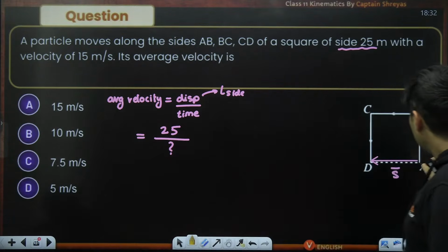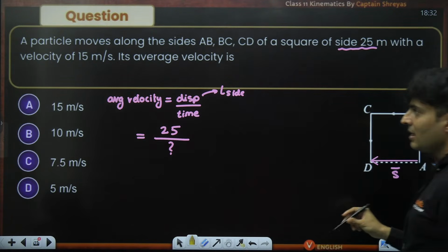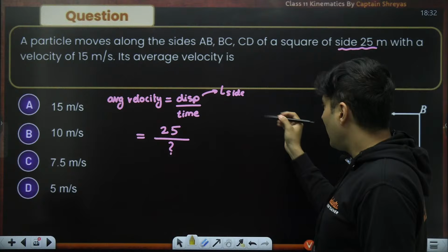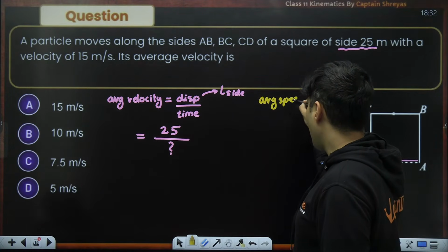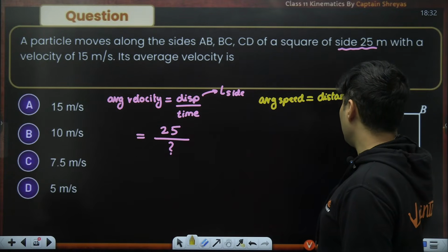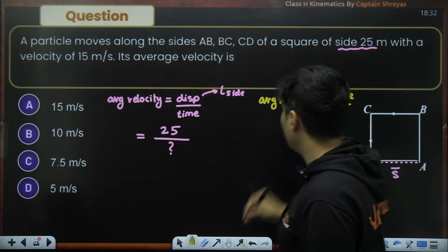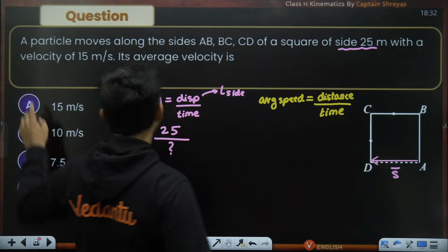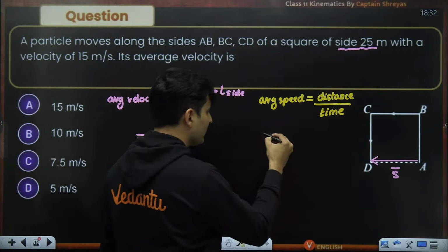First think, this side and this side, if you add them, that will give me the distance, and that can give me the time. And we know average speed is the distance that you travel upon the same time that you have taken. What is the speed with which you are traveling? Constantly you are traveling at 15 meters per second.